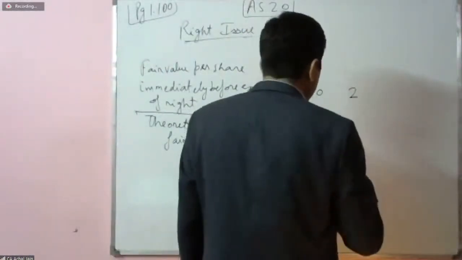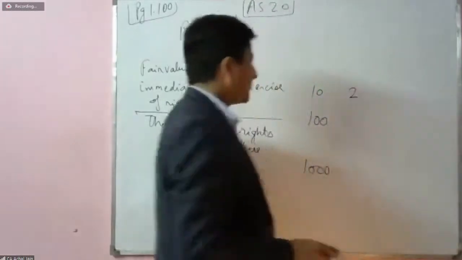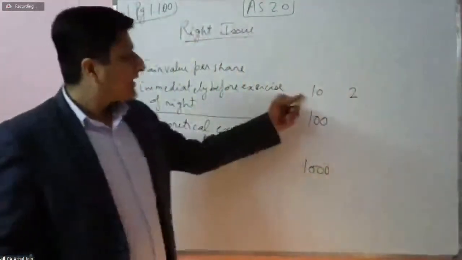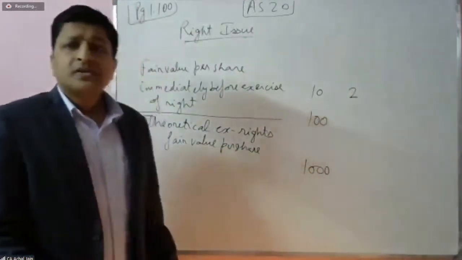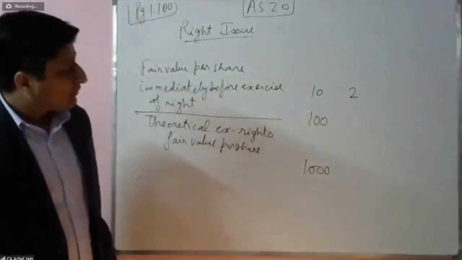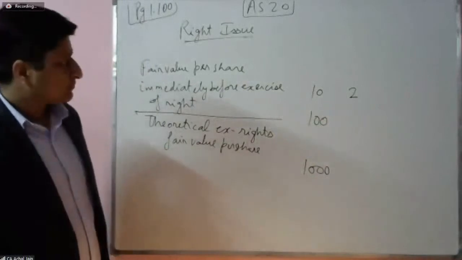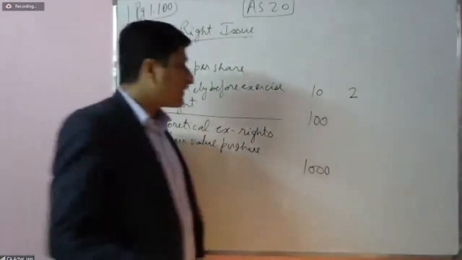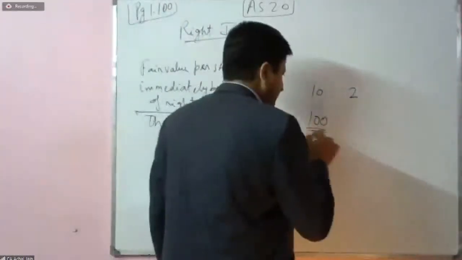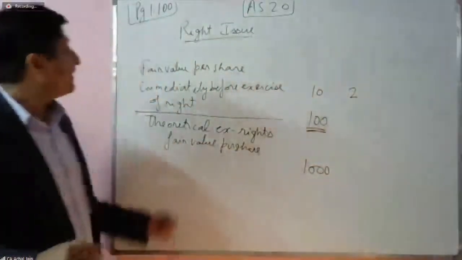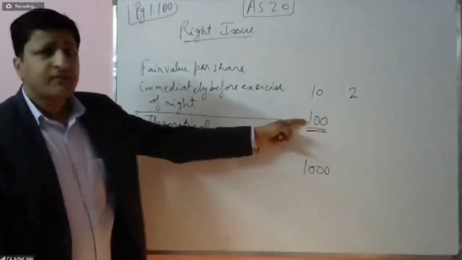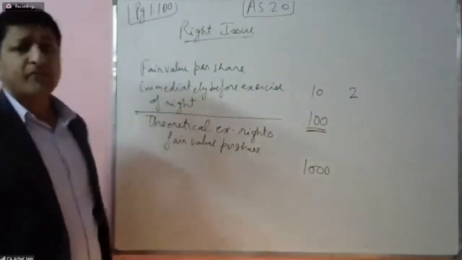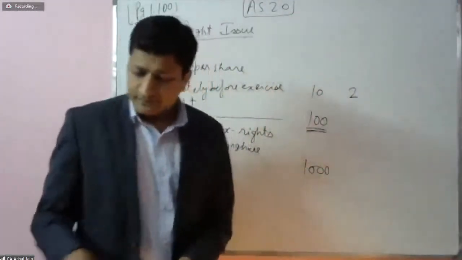Let me just make it 100. So this becomes 1000. Company had 10 shares of rupees 100 each. So this was rupees 1000. Now what is this 100? This 100 is the fair value per share. Fair value per share immediately before exercise of right.